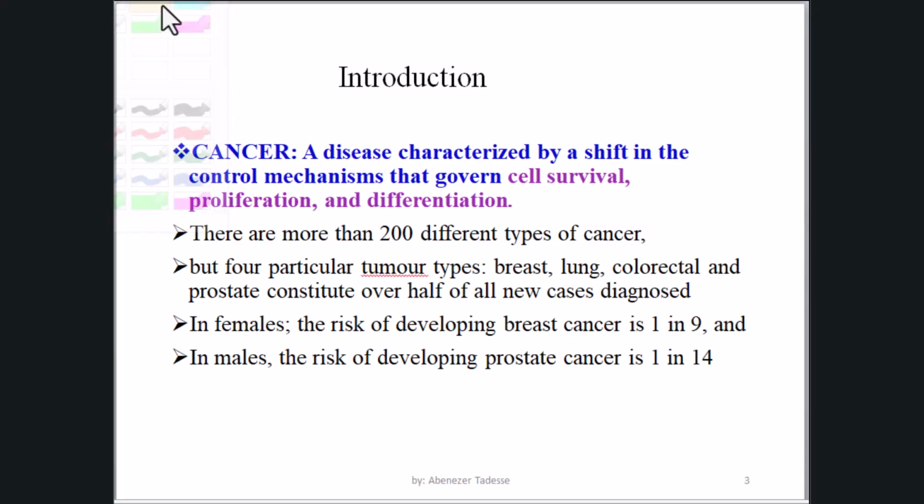Very nice. By definition, cancer can be defined as a group of various diseases characterized by uncontrolled growth of less differentiated cells. This mostly results from a shift in the control mechanisms that govern cell survival, proliferation, and differentiation, especially the genes involved in tumor suppression.